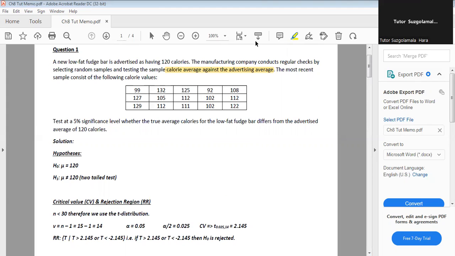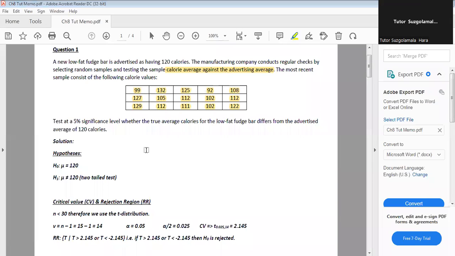How do I know my N? I'm given the samples. How many N's do I have? I just count: 1, 2, 3, up to 15. So our N is 15.